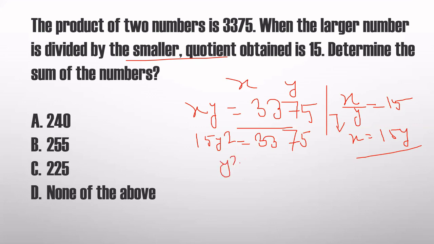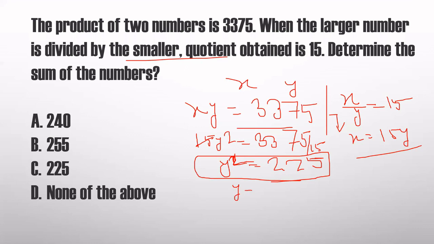So y square is equal to, we can just solve this. So y square is equal to 225. We just divide this by 15, and we get this 225. y square equal to 225. Now you can find out the value of y.